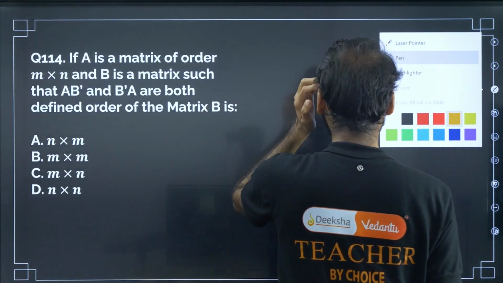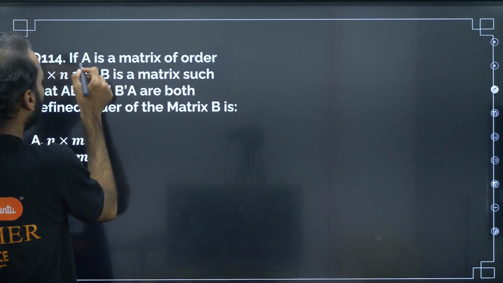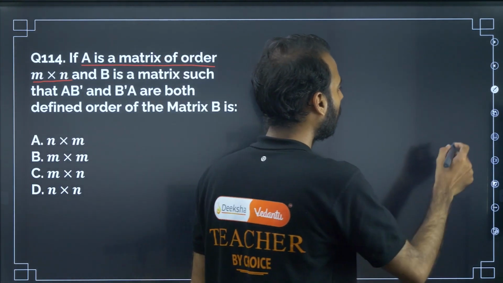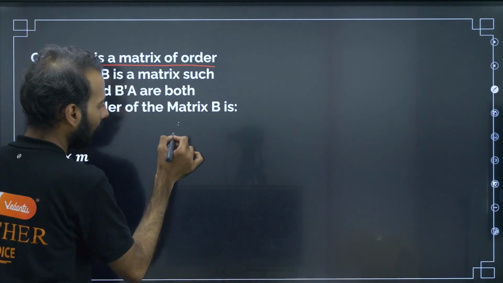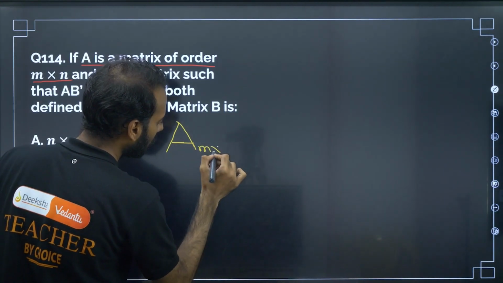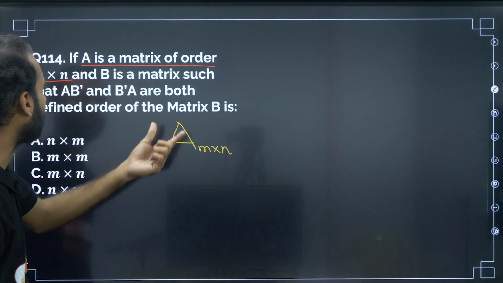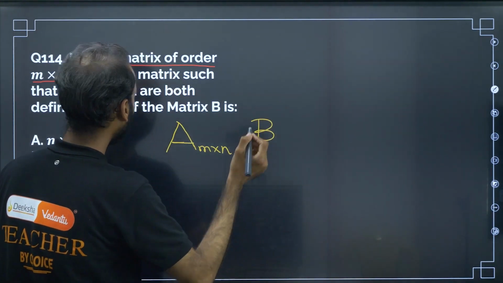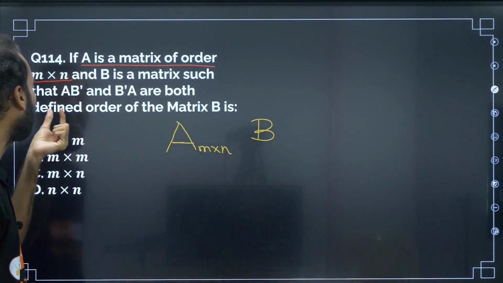If A is a matrix, there is one matrix of order m cross n. So let me write, A is a matrix of order m cross n. B is a matrix such that A B dash and B dash A are both defined.